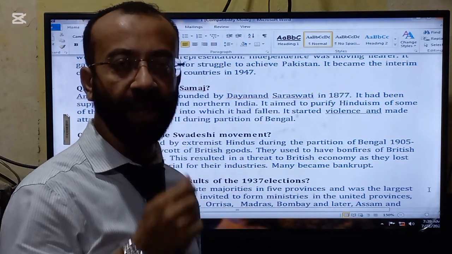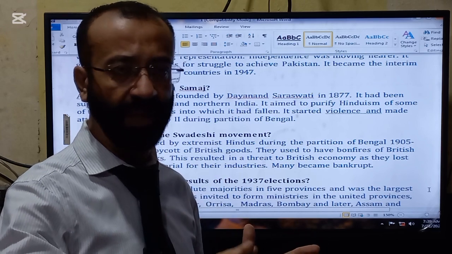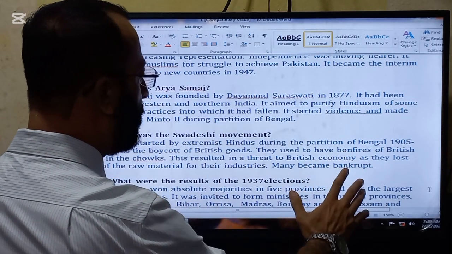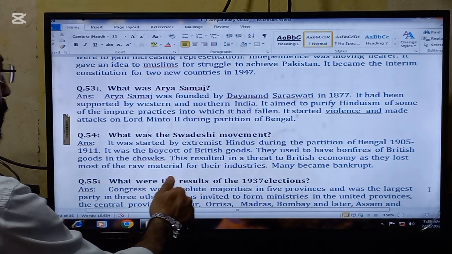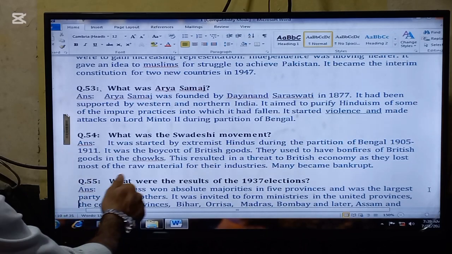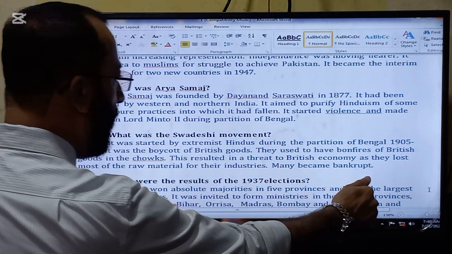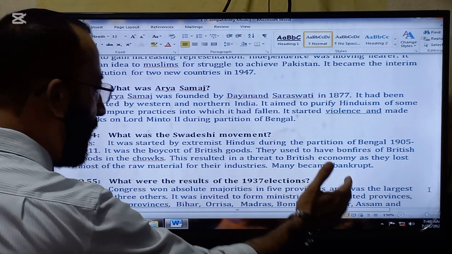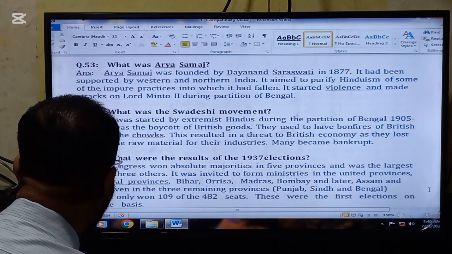They wanted the supremacy of the Hindus in the subcontinent and were suppressing the Muslims. So they were against the partition of Bengal, which was in the welfare of the Muslims. It was the boycott of British goods. They used to have bonfires of the British goods in the chowks. This resulted in a threat to the British economy, as they lost most of the raw materials for their industries. Many became bankrupt, due to which the partition of Bengal was reversed.